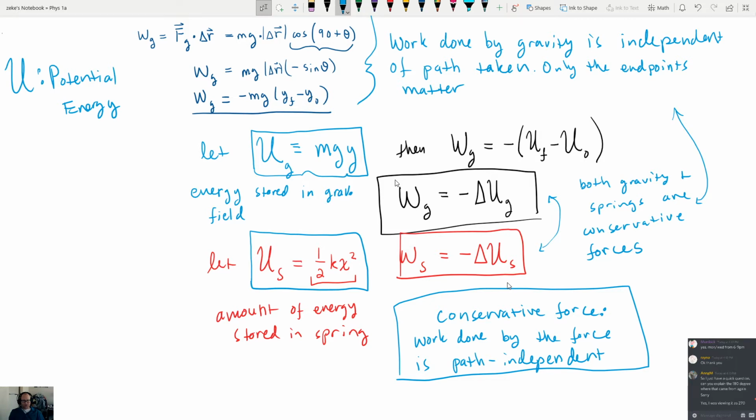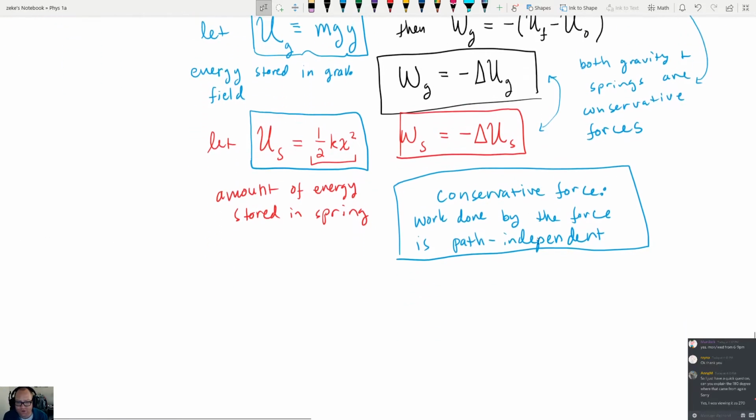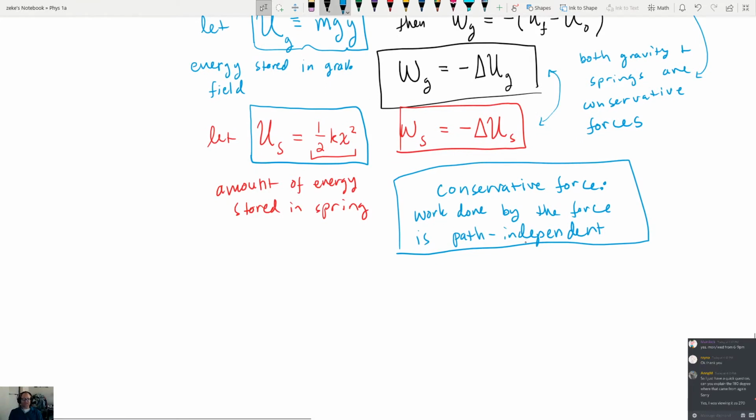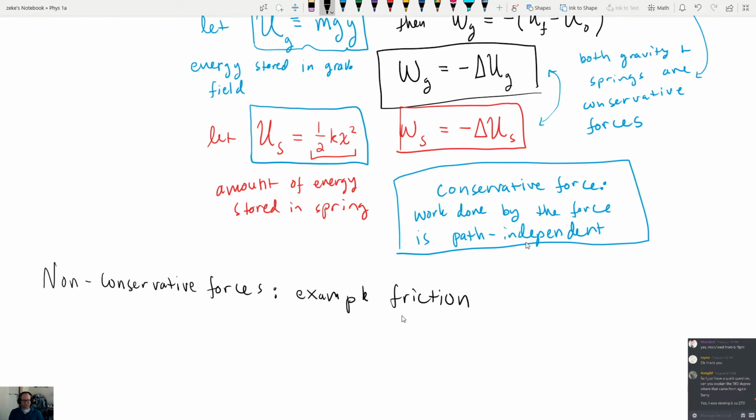All right, so we talked about a conservative force, and I said that it's independent of the path. So let's briefly talk about non-conservative forces, and let's put all this stuff together. I'm just going to use an example to describe what these are, and then I'll give you a list of other forces.